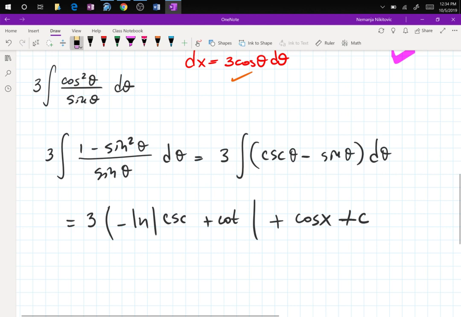I would say it's my fault, but I don't want to. Because we are not done. This is not done. Now we have to go back to x. We have to go back to x. Forgot to close the parenthesis too. There we go.